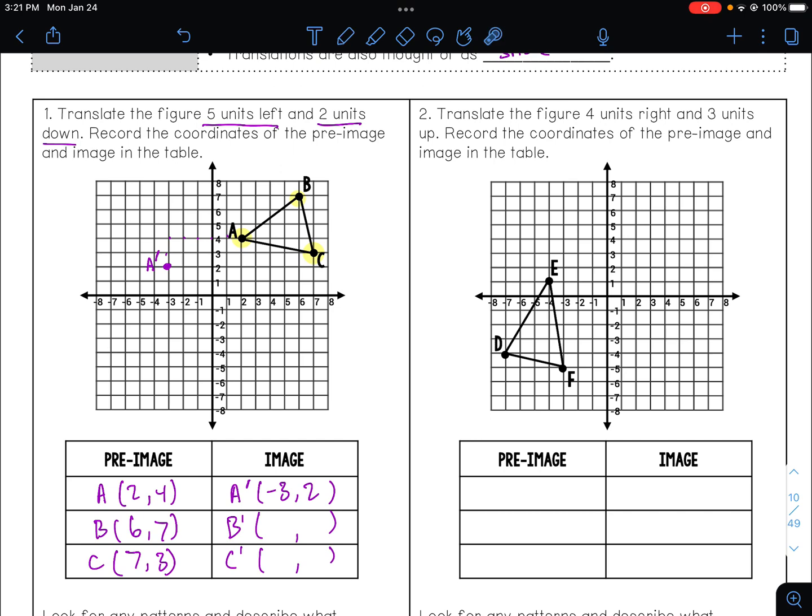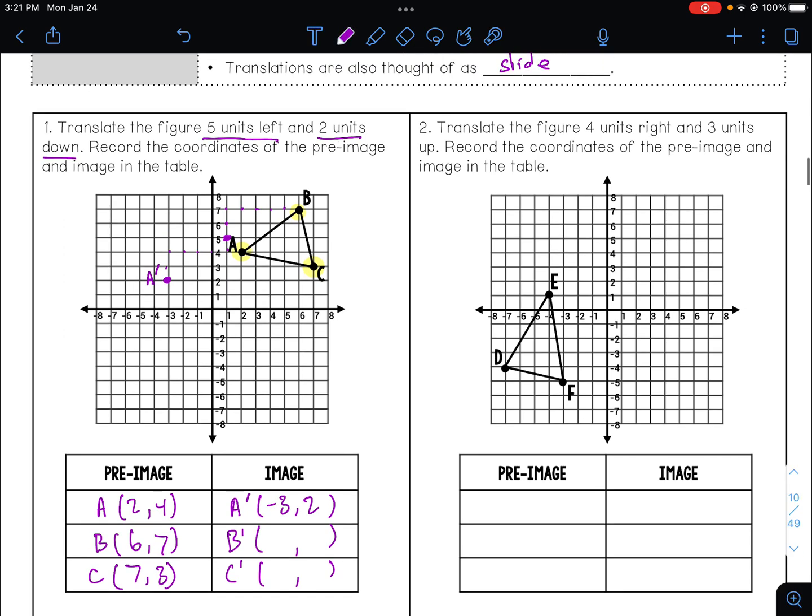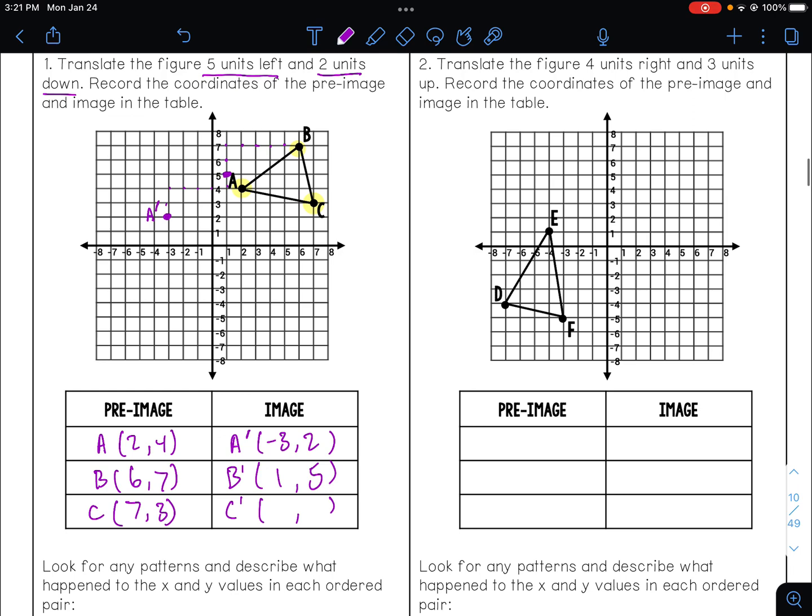Okay. So B, we're going 5 units to the left. 1, 2, 3, 4, 5, 2 units down, right here. Right there is B, so that is located at 1, 5. I'm going to label that B prime.